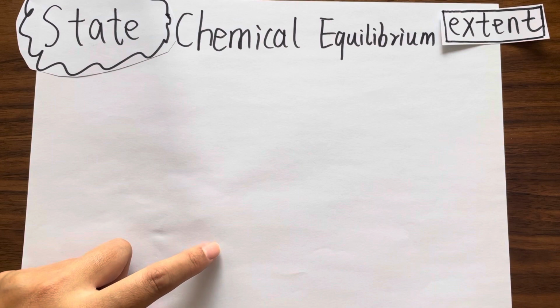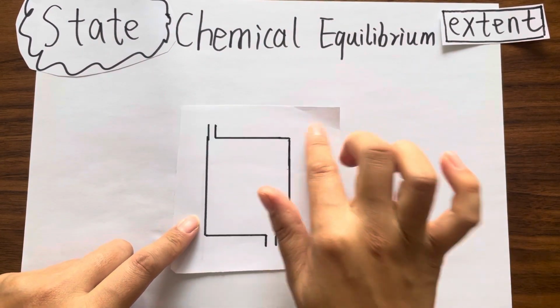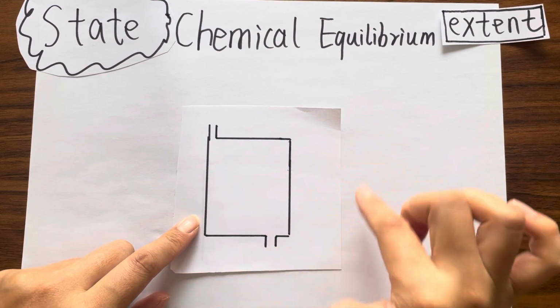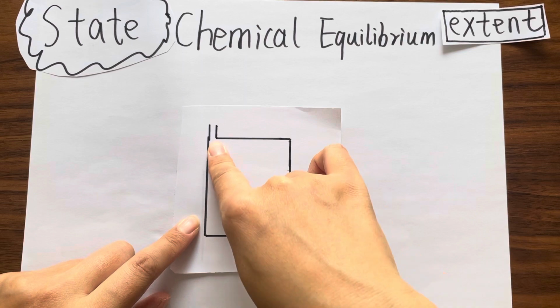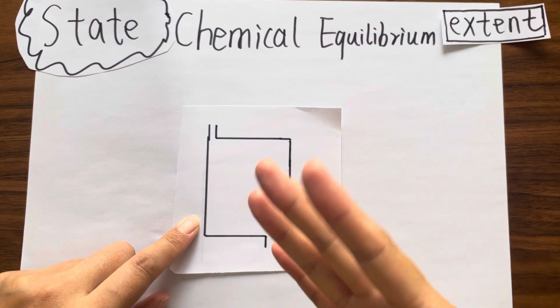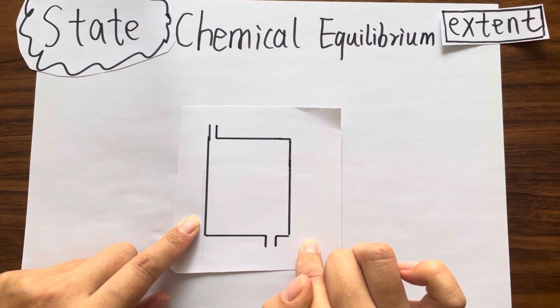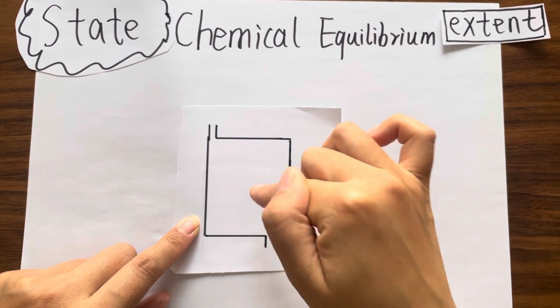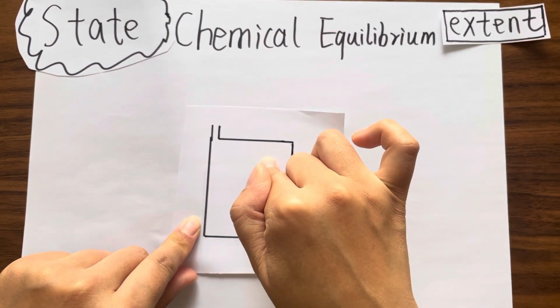To understand this process better, I want to use a model. This is a water tank. It has two sides, one to let water in and one to let water out. Imagine that once the end to let water out is closed, then in several minutes, this water tank will be filled with water, right?